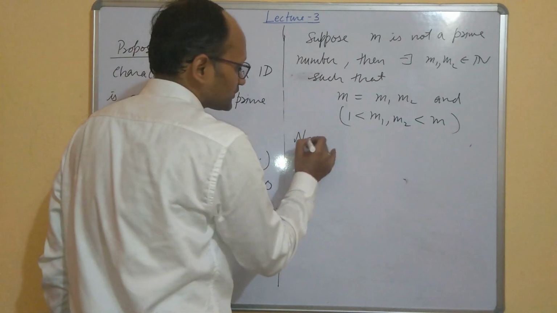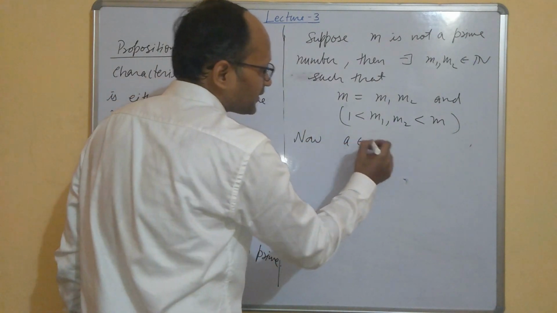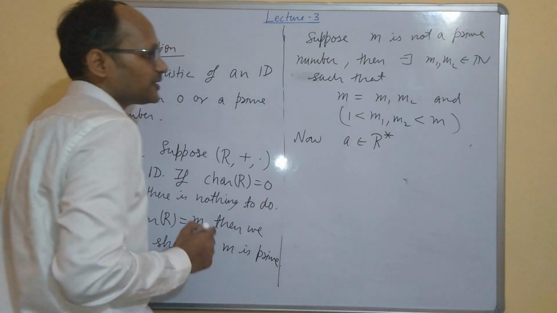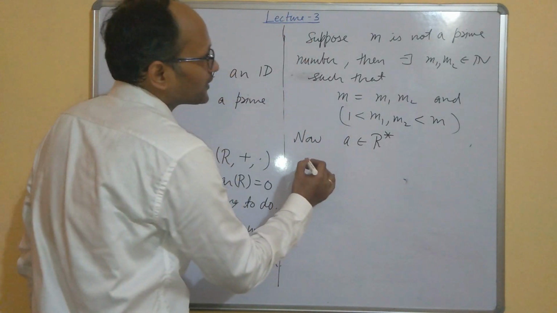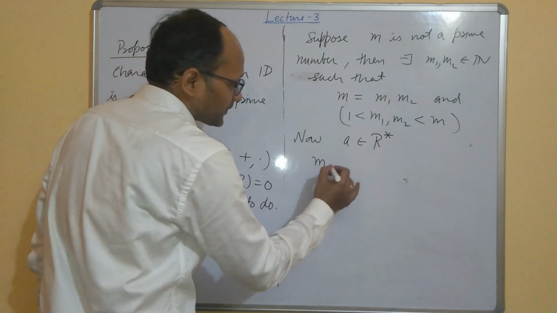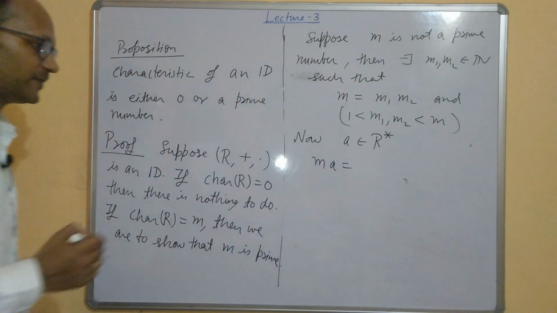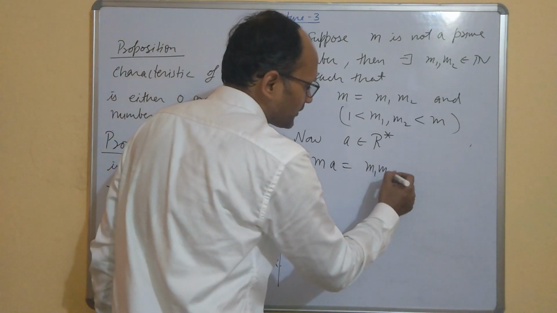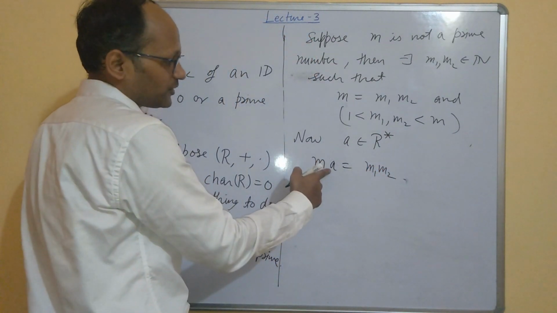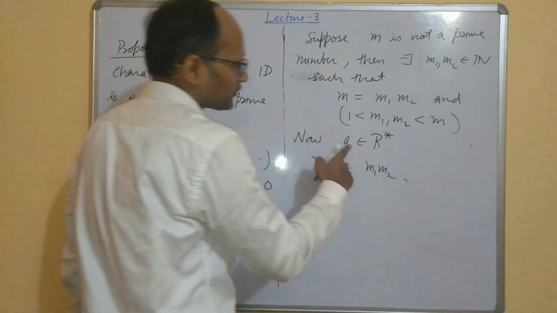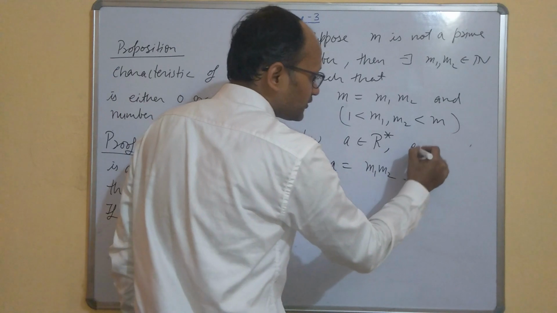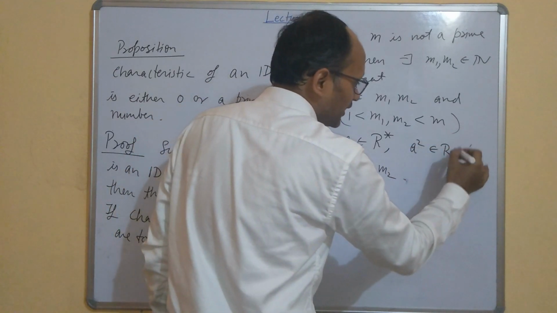Now take a in R star, a non-zero element. Then m times a, that is ma, can be written as m1 m2. Okay, so let us take a square here. Because it is an integral domain, a square will also be in R star.